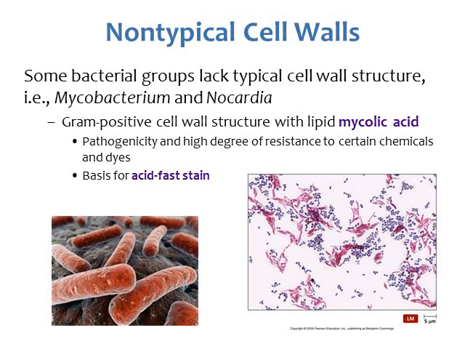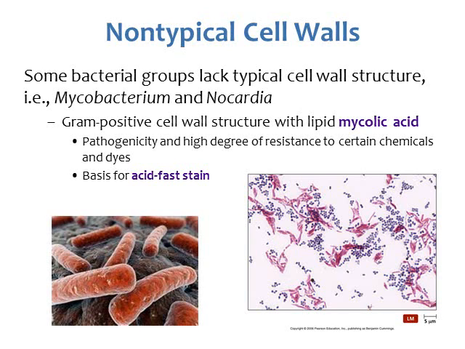So this allows these bacteria to have a really high degree of pathogenicity, so they can cause very, very bad infections. Mycobacterium, one species, causes tuberculosis. In addition to high pathogenicity, the mycolic acid allows these bacteria to have a really high degree of resistance to certain chemicals and dyes. So it's really hard to kill these bacteria.